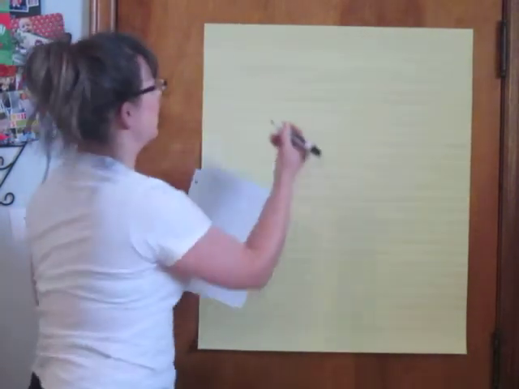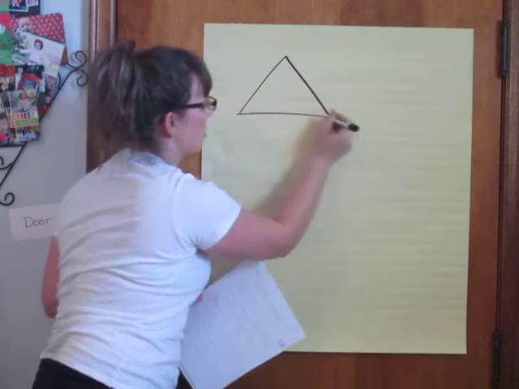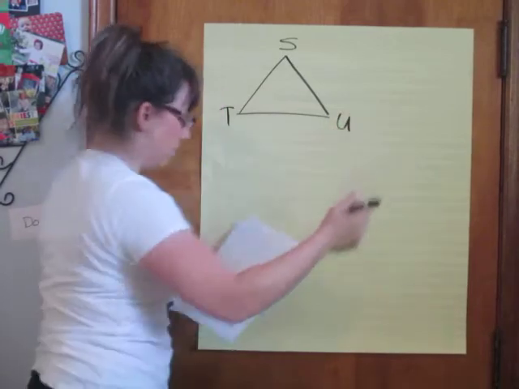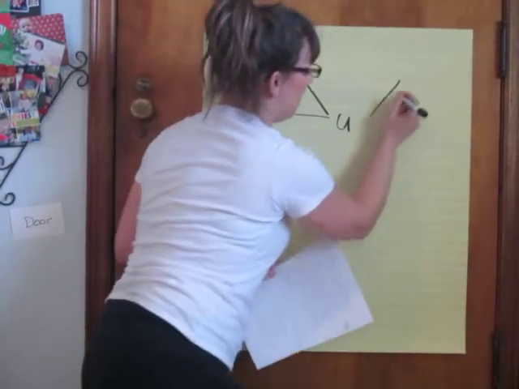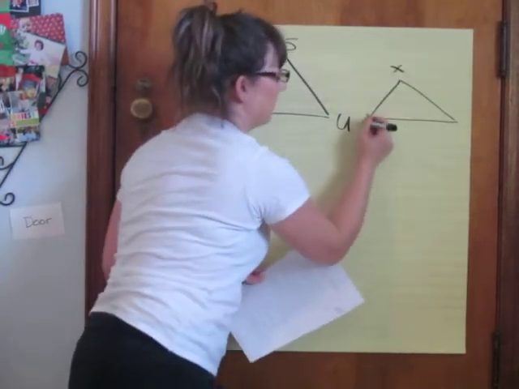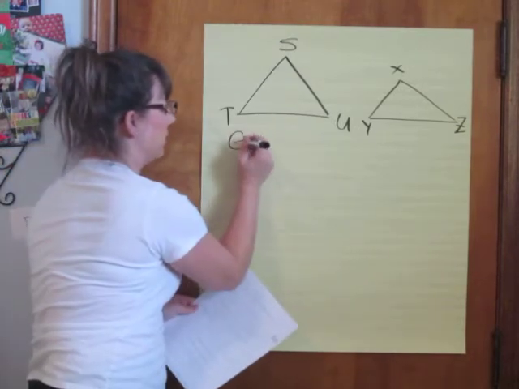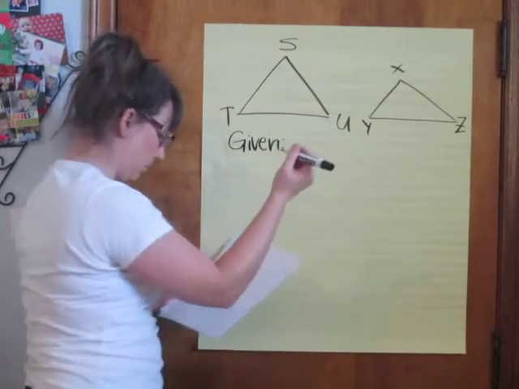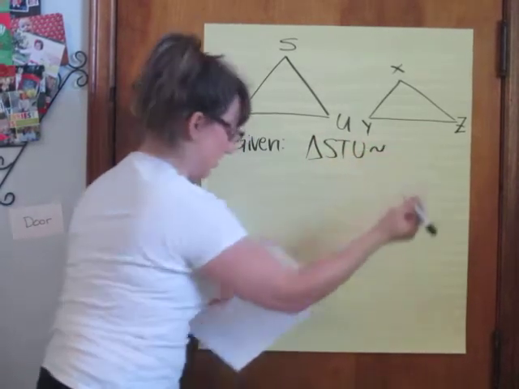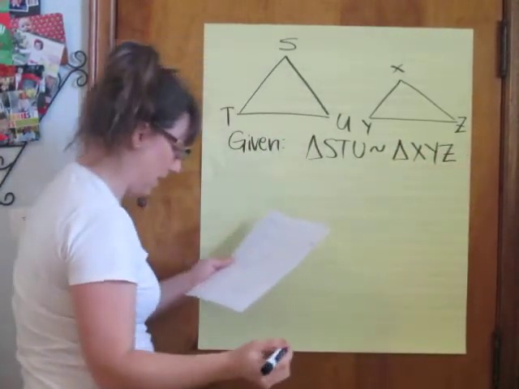All right, so let's say we have triangle STU and we have triangle XYZ. We're given that triangle STU is similar to triangle XYZ.